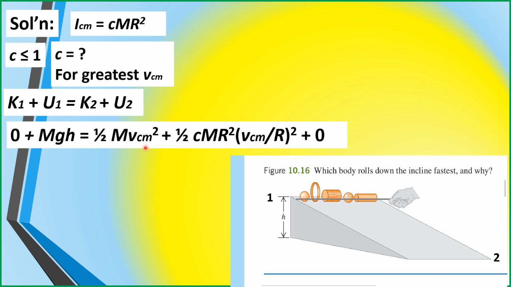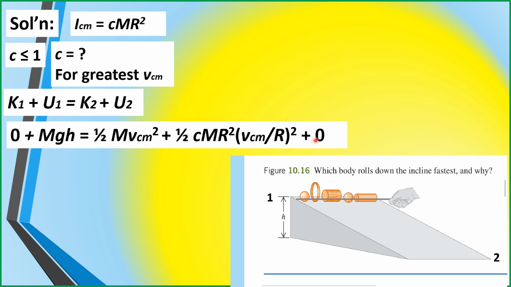That's equated to the kinetic energy associated with the translational motion, expressed as 1/2 the mass of the object multiplied by the translational speed of the center of mass squared, plus the kinetic energy associated with rotational motion, and that is equal to 1/2 the moment of inertia expressed as c times m times the square of the radius r, multiplied, of course, by the angular speed squared. But the angular speed has already been replaced by v sub cm, the translational speed of the center of mass, divided by the radius r.